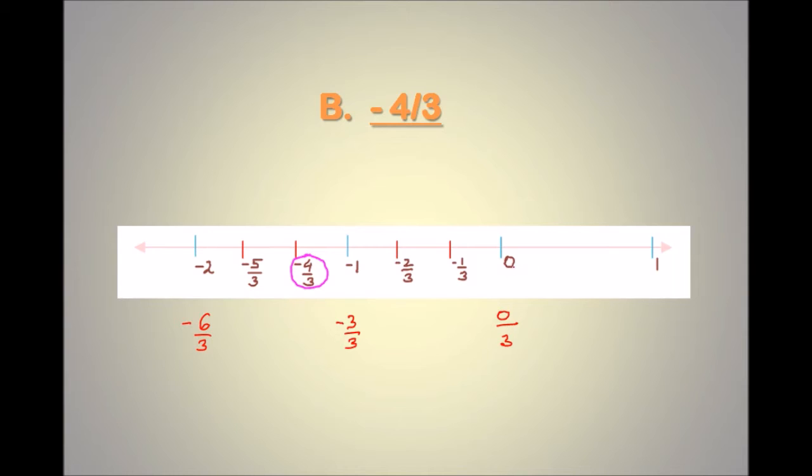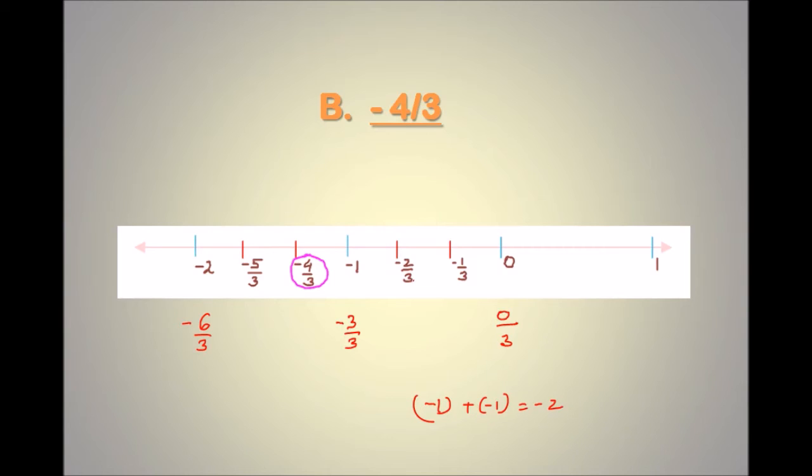So if we start from this 0 mark, the first sub mark, since it is the first sub mark after 0, will be having the numerator as 1. So this is -1/3. Now this is the second submark, so it is -2/3. Or we can say we add a -1 to this -1, that is -1 plus a -1 gives us a -2.